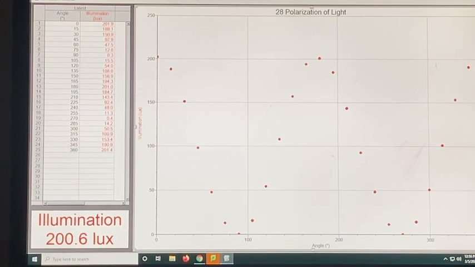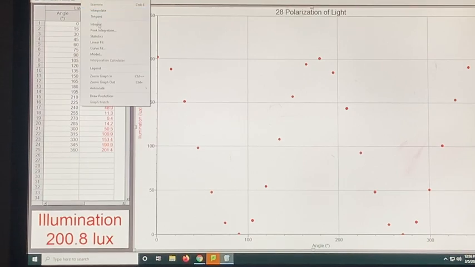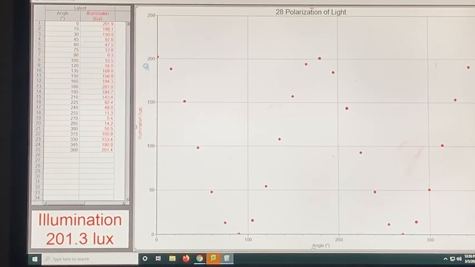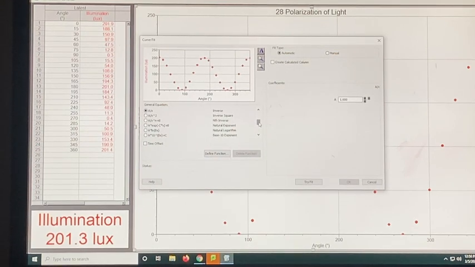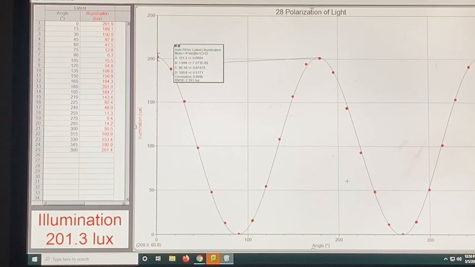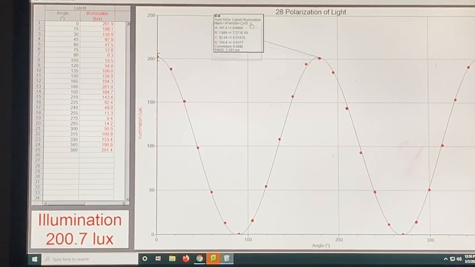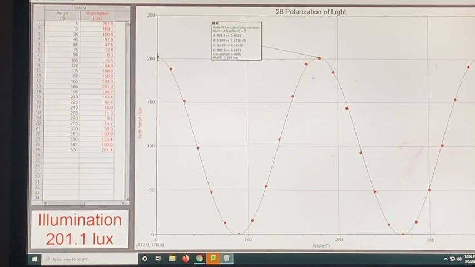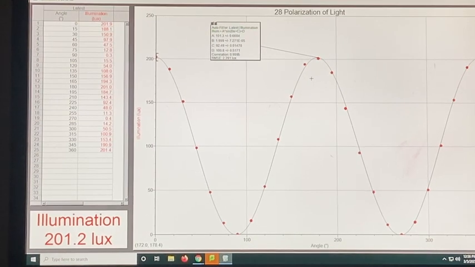You can try fitting this with a sine curve, and notice how well the curve fits. So a sine or cosine curve fits extremely well with this data. So that is the second part of Lab 9. I'll next explain the last part and go from there.